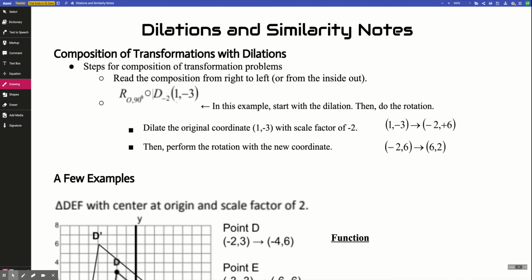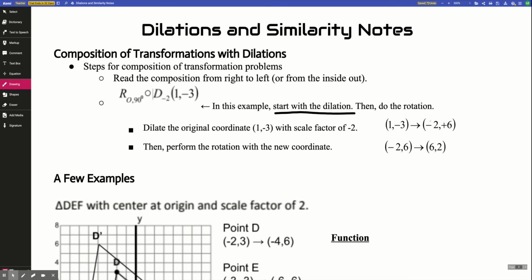We're using vector notation and following the same rules: we read the composition from right to left, or from the inside out, so you always do the one on the right first. In this example, we start with the dilation and then we do the rotation.